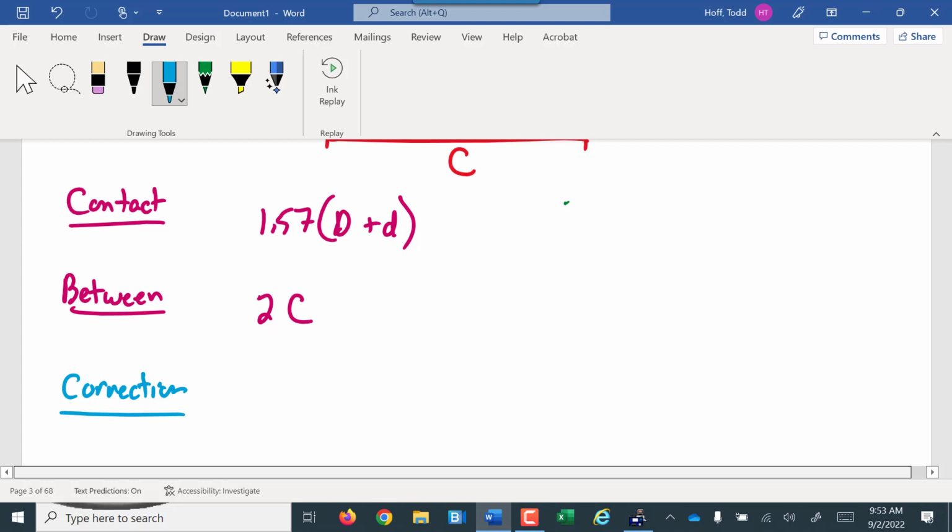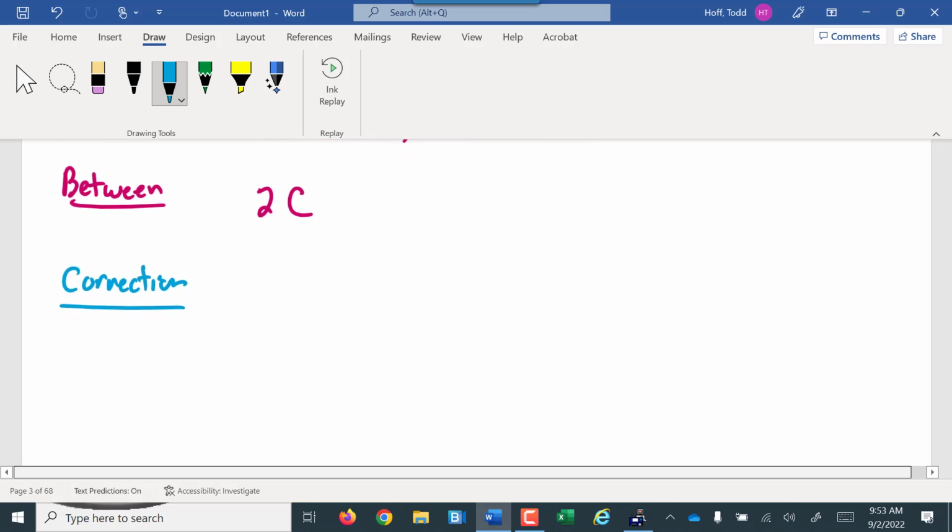Trig is not a part of this semester. So this is one of the few times I'm going to throw a formula out there and tell you you're going to have to just believe me. So it's the difference between the big diameter and the little diameter squared, and then divided by 4 times that center to center distance. This calculation is basically a cosine calculation if you're into trig.